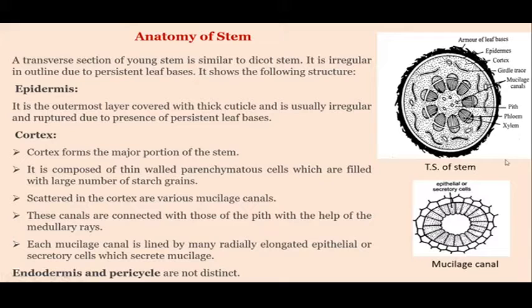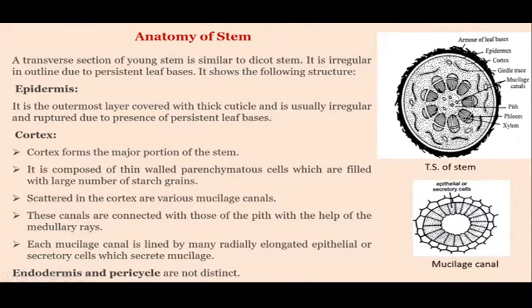So in this diagram we can see that outermost is the epidermis, covered with the persistent leaf bases. Next to the epidermis is the cortex. In the cortex are the mucilage canals and the leaf traces.